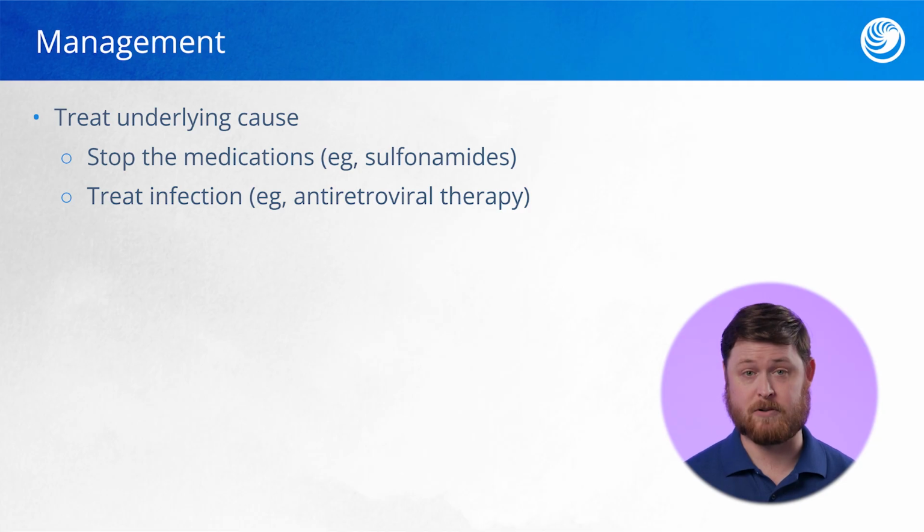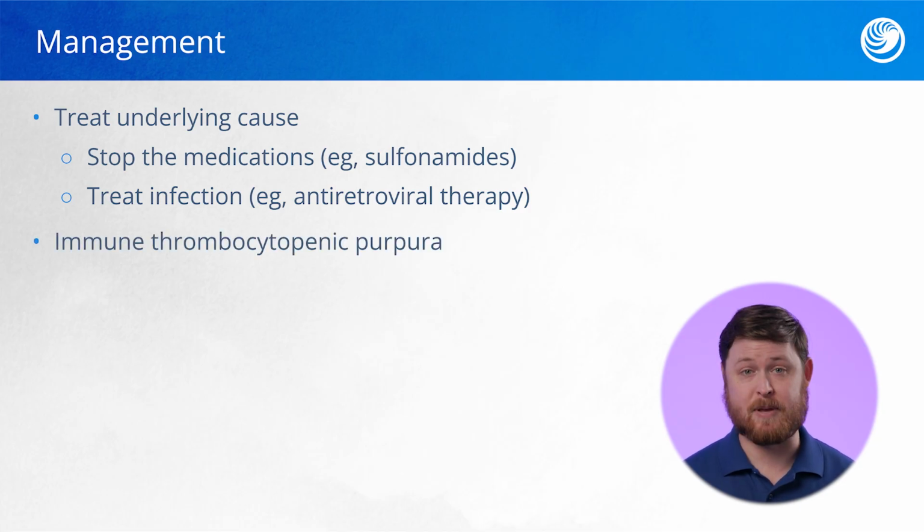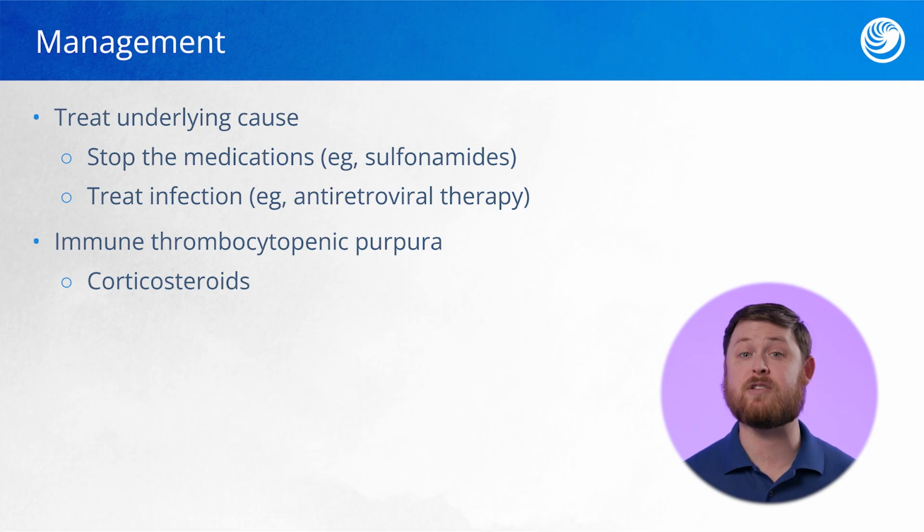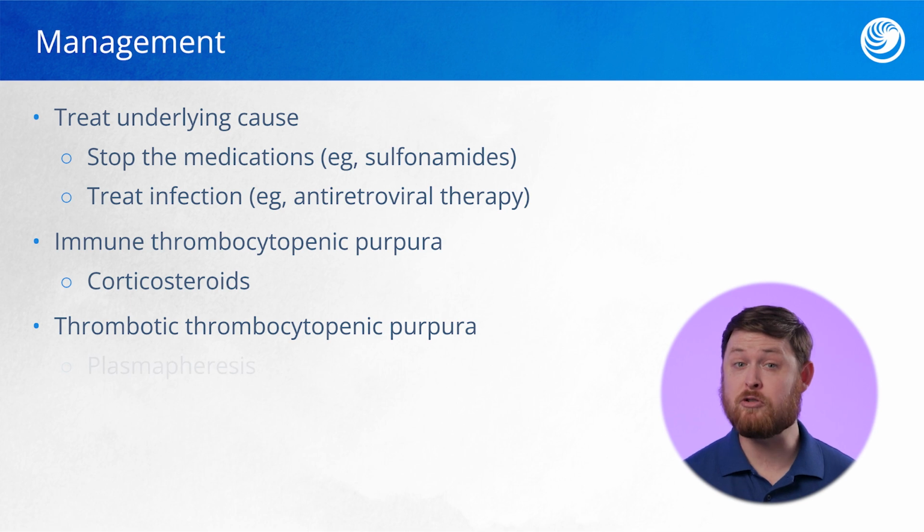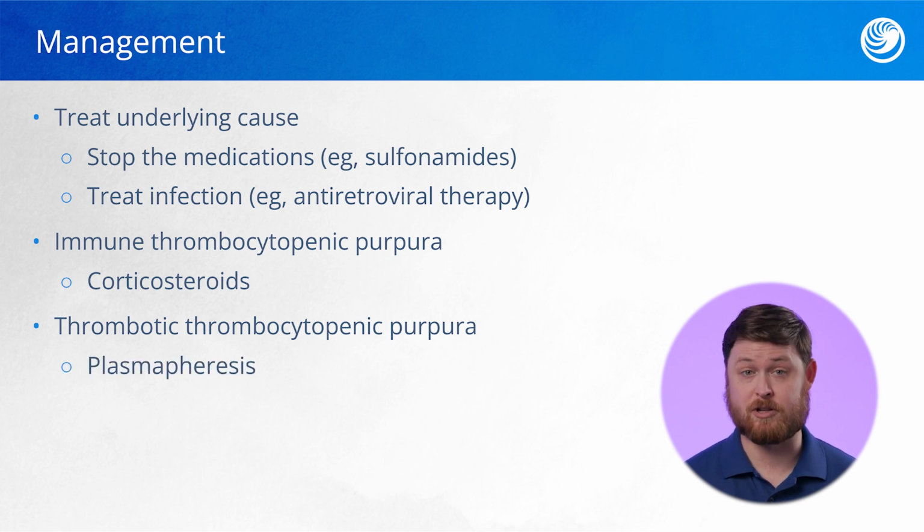for certain blood infections. For ITP, we should anticipate administration of corticosteroids to reduce the body's autoimmune response, which will decrease the destruction of platelets. For TTP, the use of plasmapheresis or plasma exchange can remove aggregated platelets and blood clots from the blood vessels.